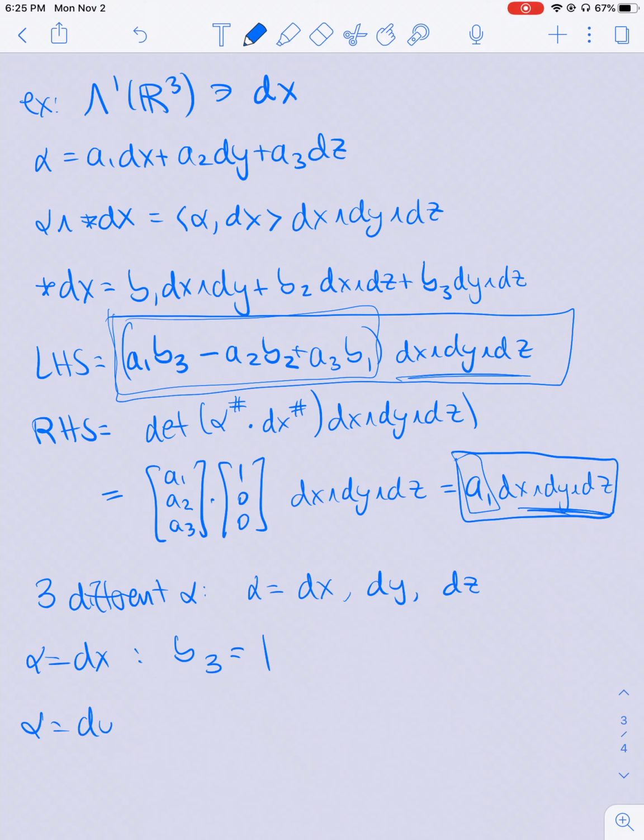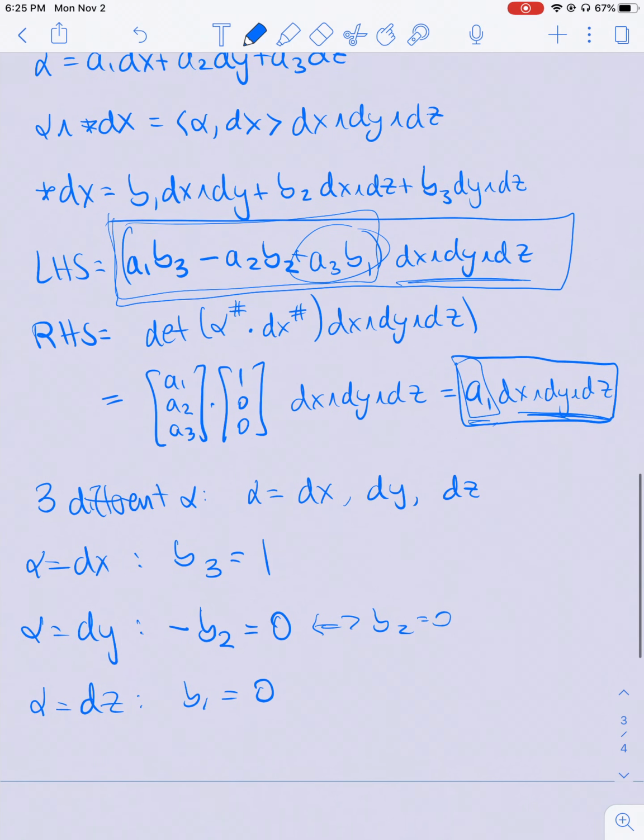If alpha is equal to dy, then what I end up seeing is that a2 is 1 and the rest are 0. So I get negative b2 is equal to 0 because there's no a2 over here. This is the same thing as saying b2 is equal to 0. And if alpha is equal to dz, similarly, I get b1 is equal to 0.